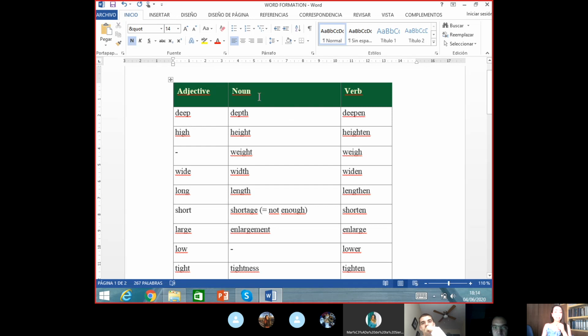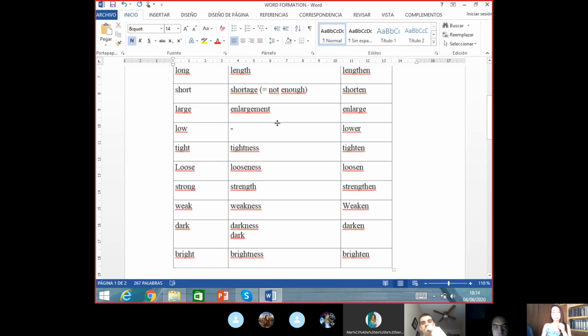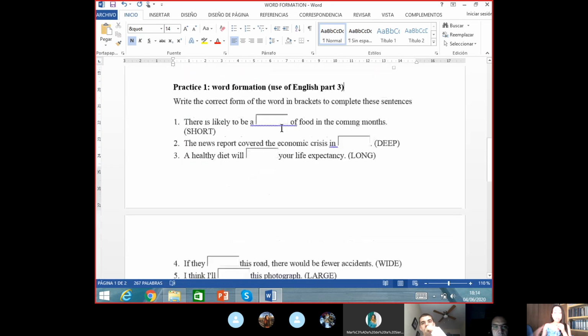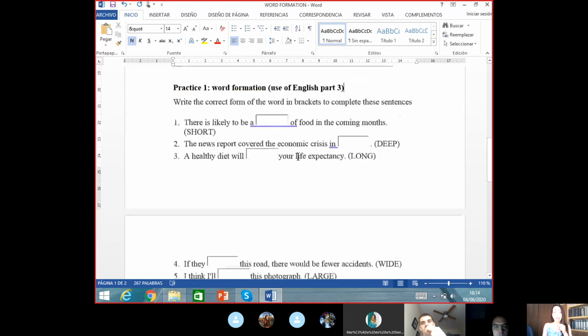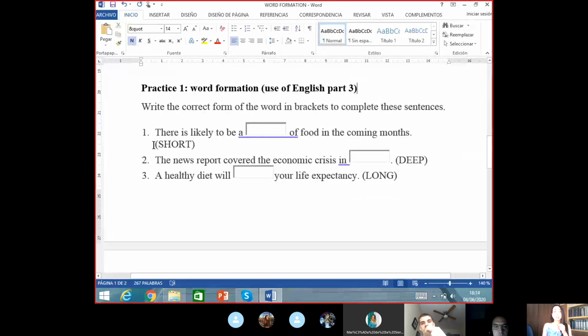For learning new vocabulary. Okay, so now what I'm going to ask you to do is to do 2 exercises regarding this. Of course, you have to use what we have seen. So guys, you have words in brackets, okay, and you have to put in the gap the word that you consider you have to put, okay?